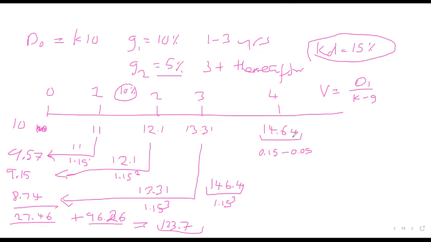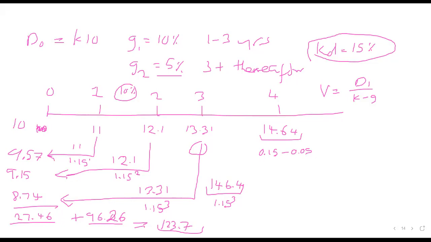Using Gordon's model, we find the value of stock now in year 3. So we got 146, and we discounted it using the appropriate discount rate at year 3, which we found as 96.26. When we add these two phases, we get the total value of stock, which is 123.